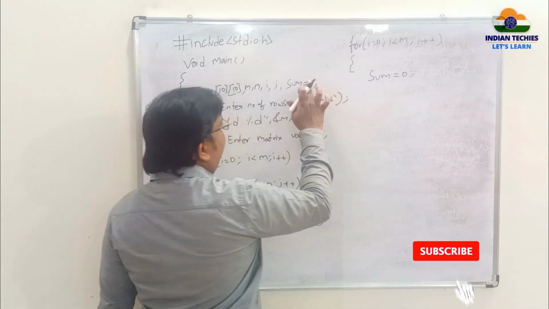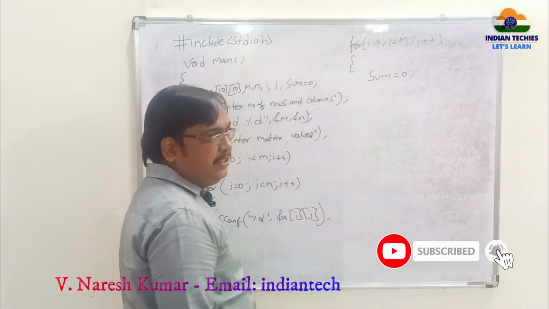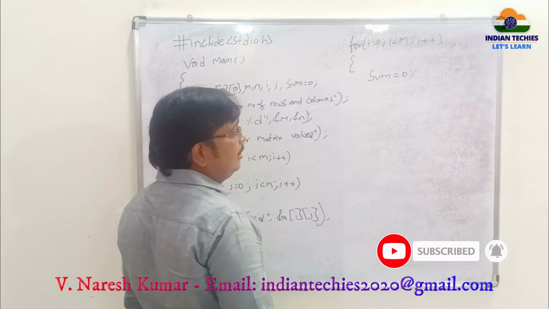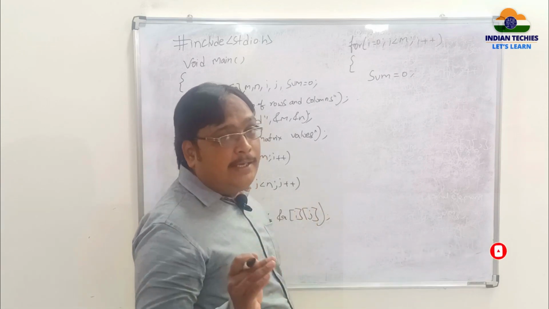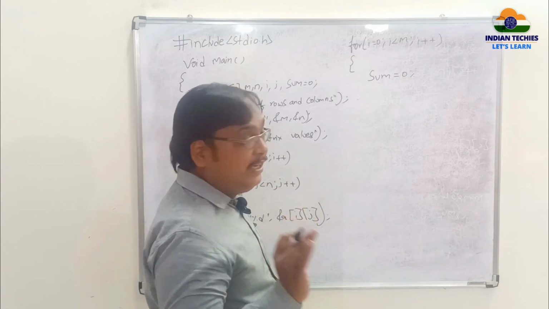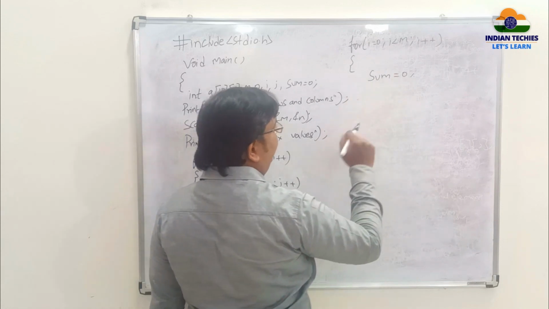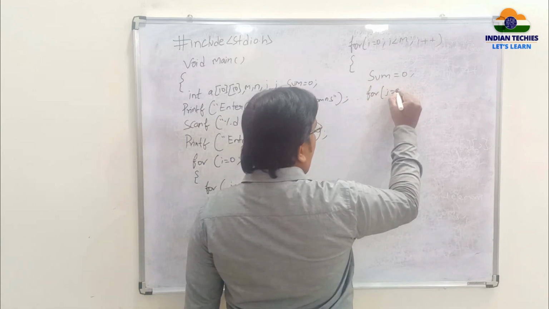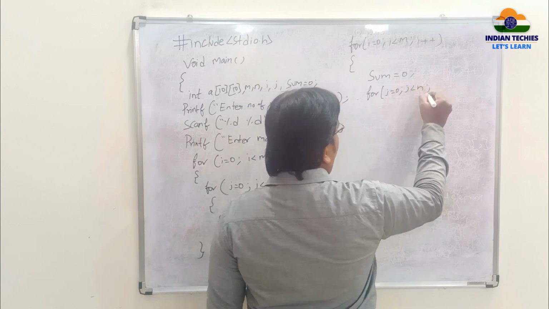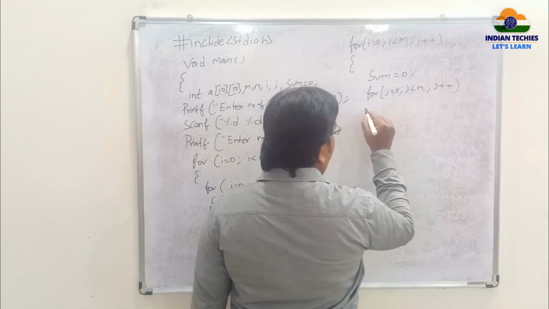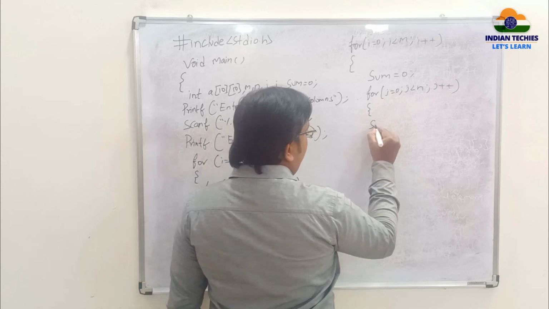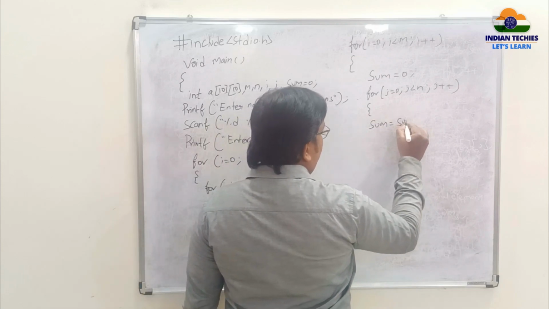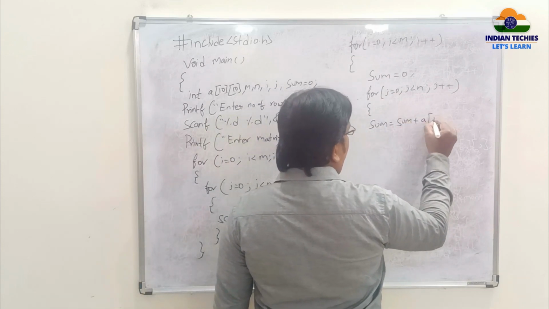Because I need to add only row values, not the column values, I am making it 0 before going for column. Now, for j equal to 0, j less than n, j plus plus. Here what I am doing is, sum is equal to sum plus a[i][j].